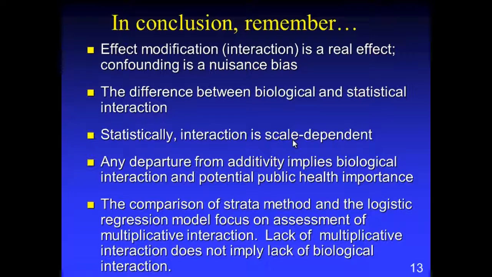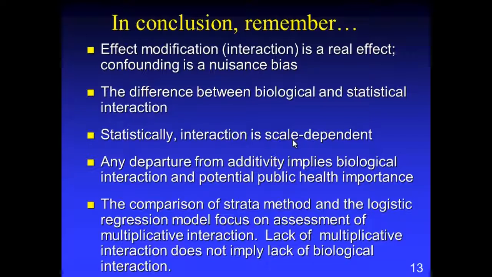And that's important to remember because when we carry out the comparison of strata method, or if you go on in epidemiology and you use logistic regression analysis, that really does focus on assessment of multiplicative interaction. And so just because we don't find the evidence of multiplicative interaction doesn't mean that there's nothing of public health importance going on. So always keep that in the back of your mind.